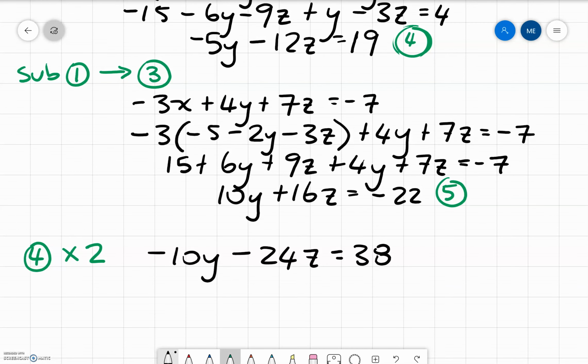And I've got equation 5, which I'll just write down below. 10y plus 16z equals negative 22. So I'm going to add these together. Negative 10y plus 10y, they cancel out.